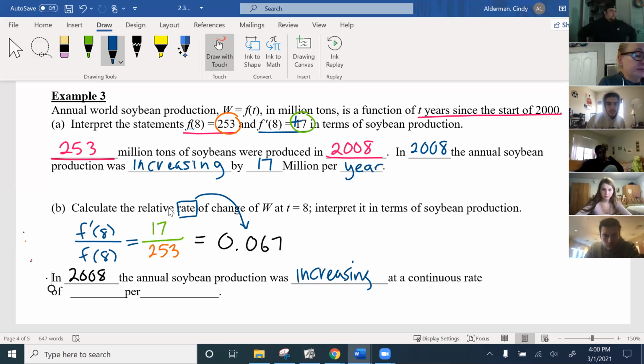So as a percentage, 6.7%. Per what again? What's the unit of measure? 6.7% per year. Yeah, year.